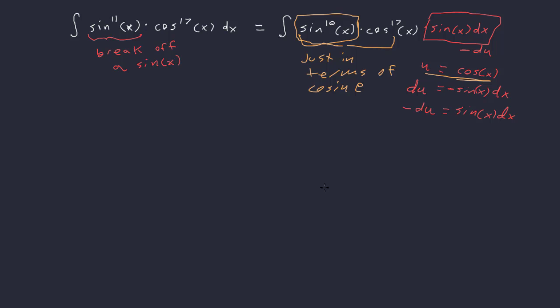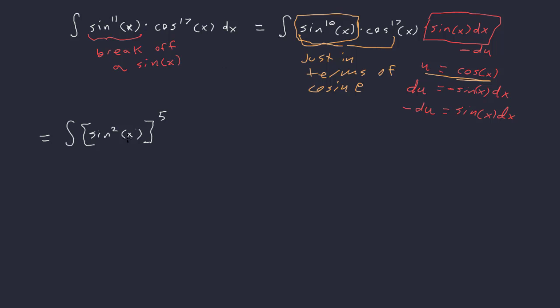Now there are multiple ways we could go about doing this. The way I'm going to do it is I'm going to rewrite this as sine squared of x all raised to the 5th, because the 5 times the 2 would give us the 10.